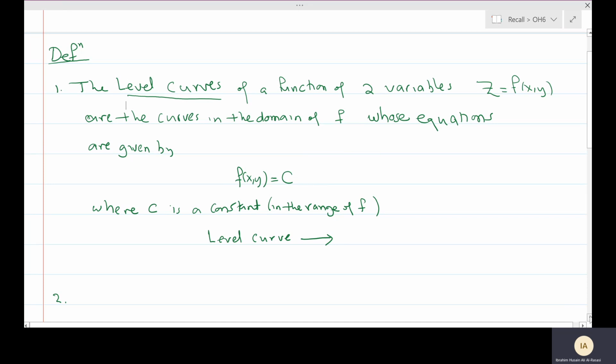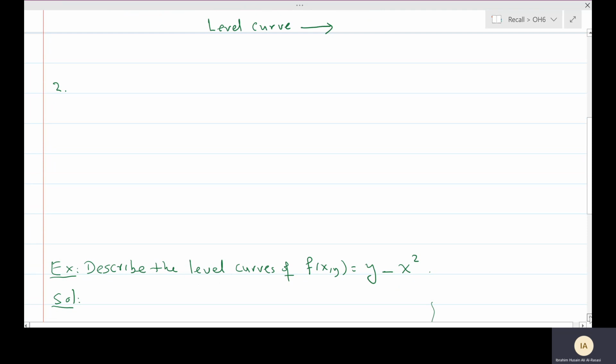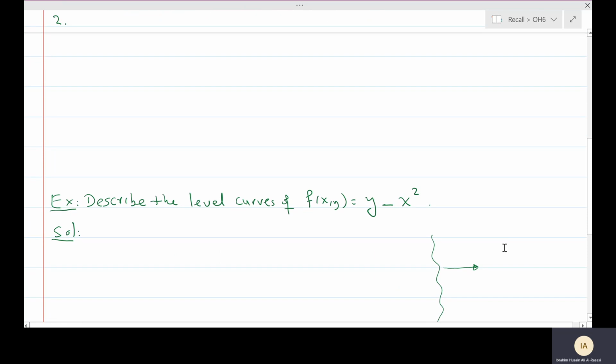So by the definition directly I have the following. The level curves are given by f of x, y equals a constant.